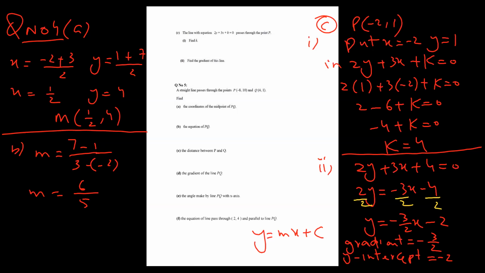Let's talk about number 5. In question number 5, we are given a P and Q. You can see clearly the P coordinate and the Q coordinate.